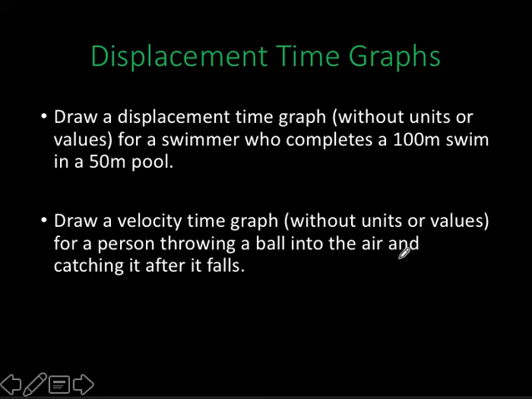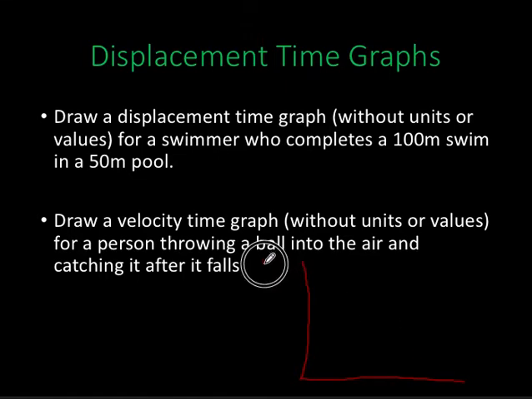Okay, assuming you've paused the video, your graph should look like that, with your meters here and your time here. You don't need to incorporate units, but we know that it's a 50 meter pool, so you could put 50 meters up here.